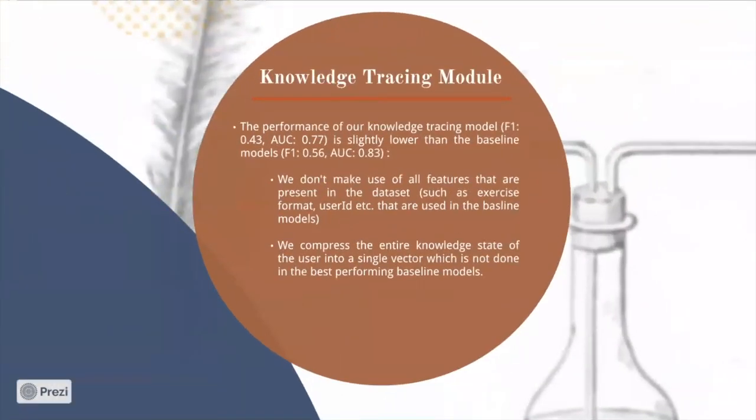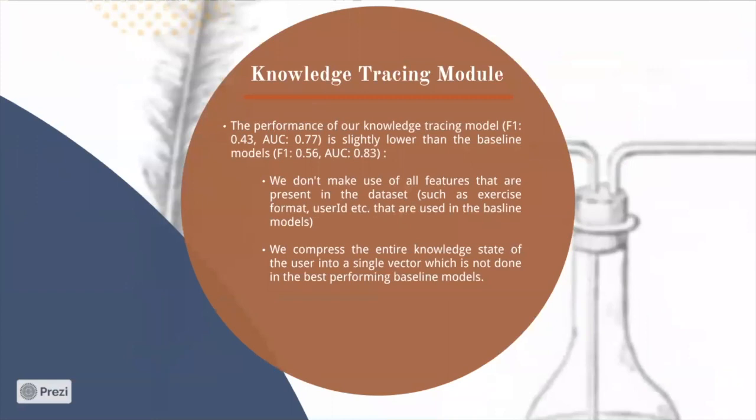Our knowledge tracing model performs slightly below the baseline models. This may be due to the fact that we exclude features such as exercise formats and user ID, which do not occur in day-to-day conversations. But these are included in the baseline models, which are specific to Duolingo exercises. Secondly, in order to input the entire state into our reinforcement learning agent, we also compress the user's knowledge state into one single vector.